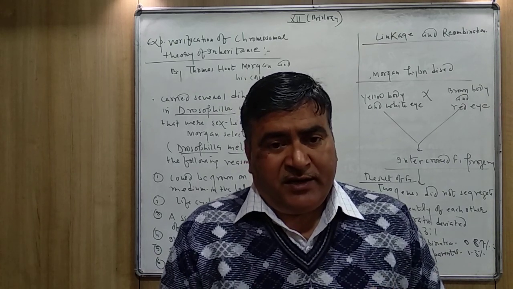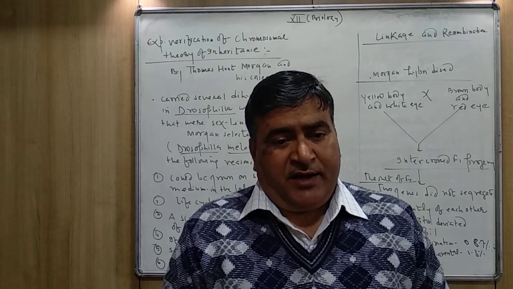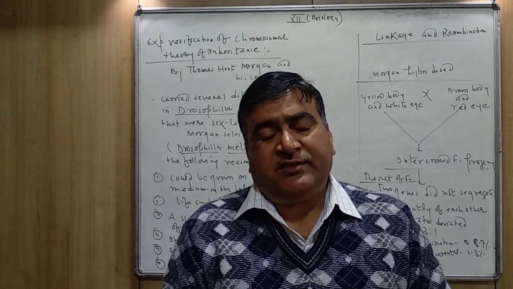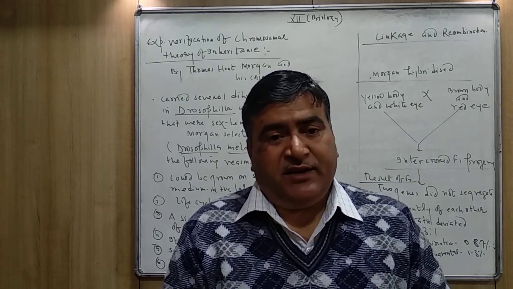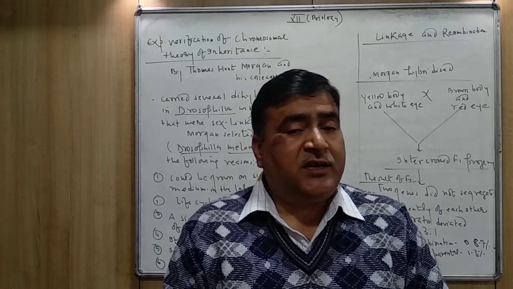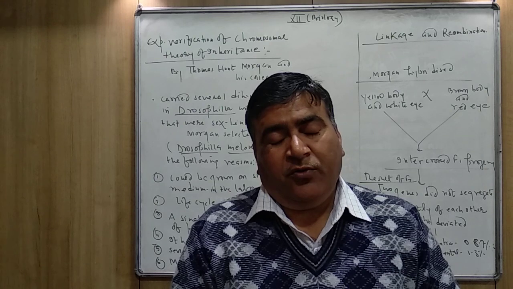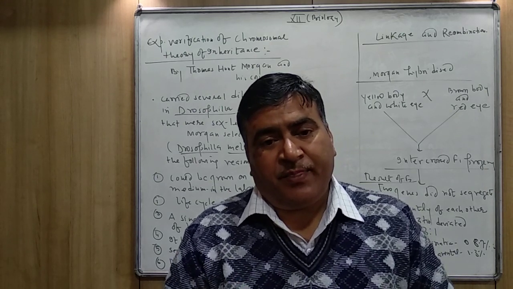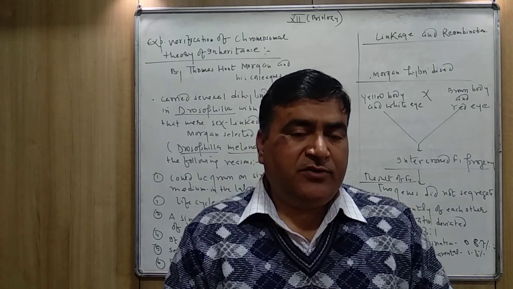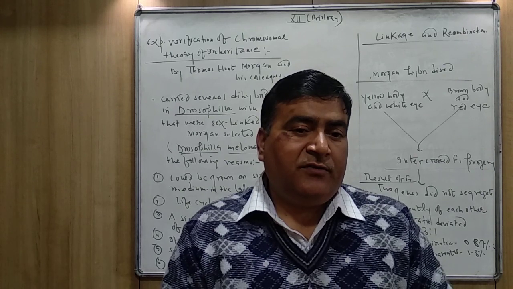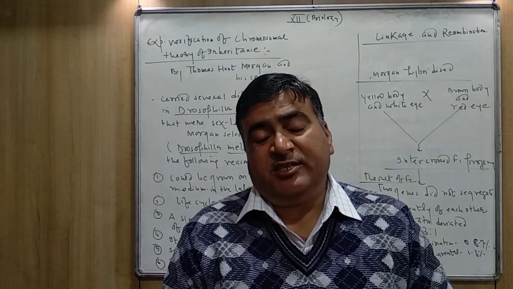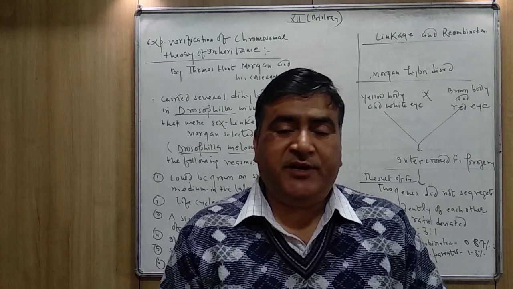So in the dihybrid crosses of T.H. Morgan, the dihybrid ratio was entirely different from the ratio obtained by Gregor John Mendel in his breeding experiment.